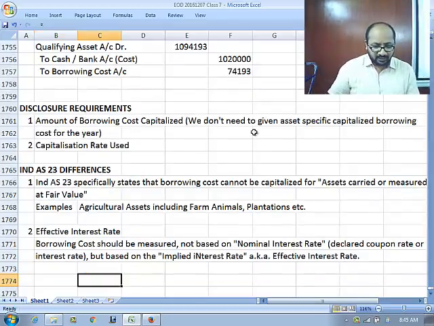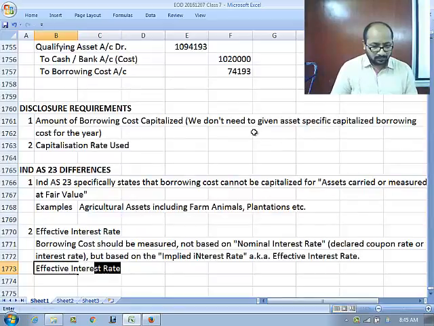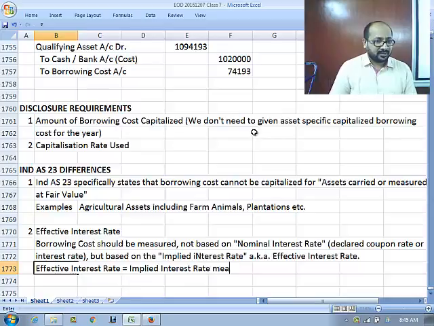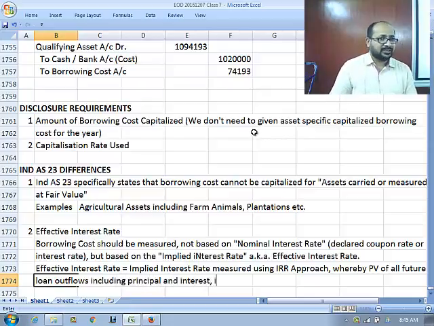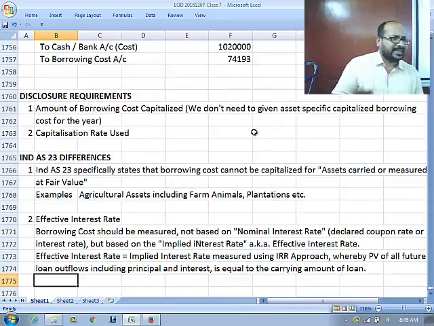Effective interest rate is nothing but equivalent to what here? The implied interest rate measured using your typical IRR approach, whereby present value of all future loan outflows, including principal and interest, is equal to what? Carrying amount of the liability.